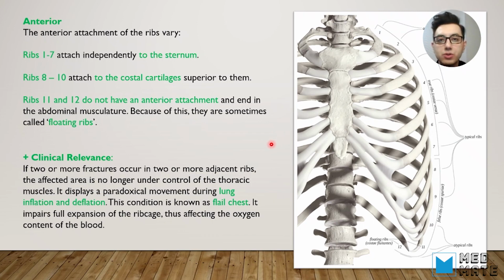That happens due to trauma or when there was an accident, for example, and it leads to impaired full expansion of the rib cage and thus affects the oxygen content of the blood. And also there might happen a pneumothorax or hemothorax because of the fracture that is caused by the rib breakages.